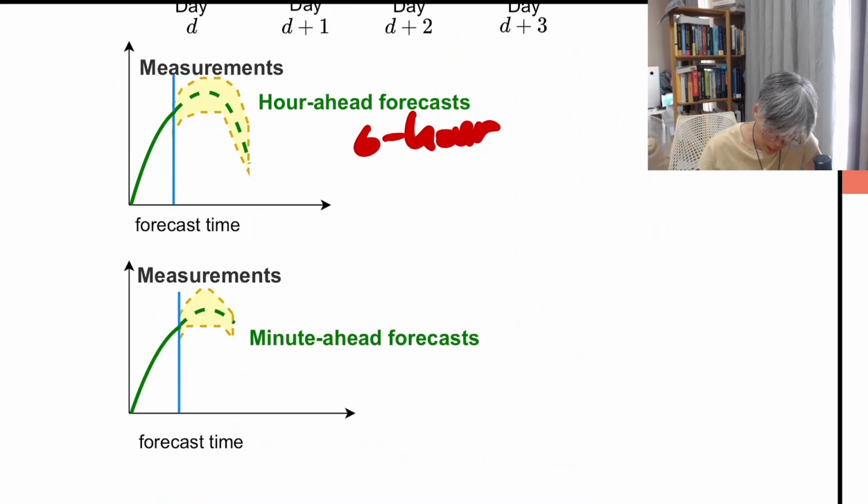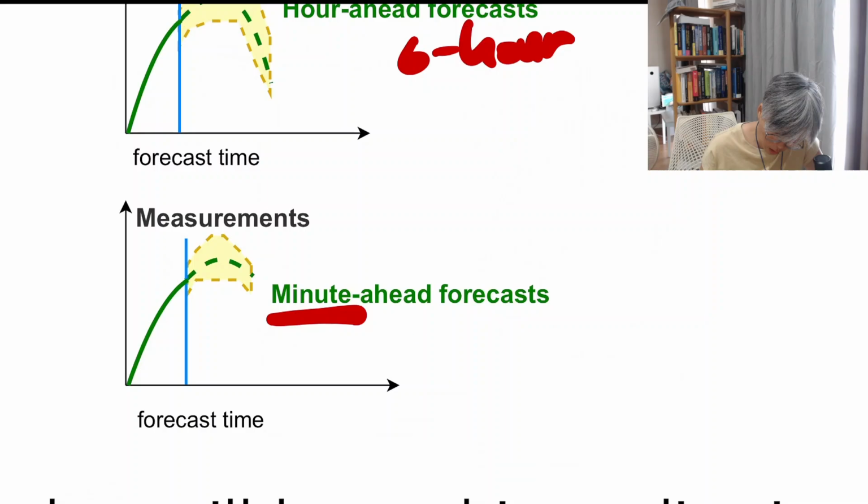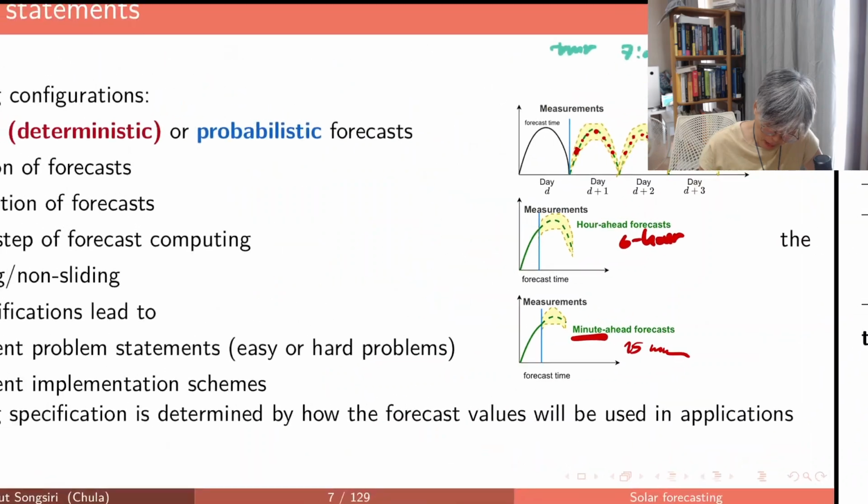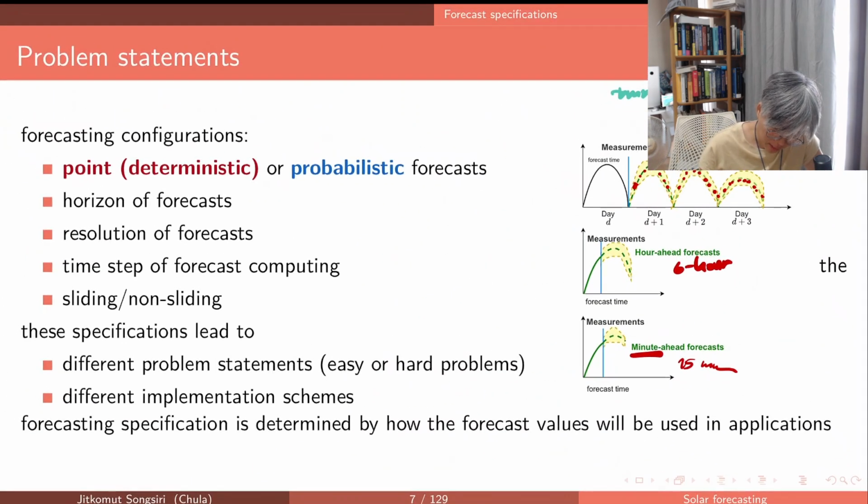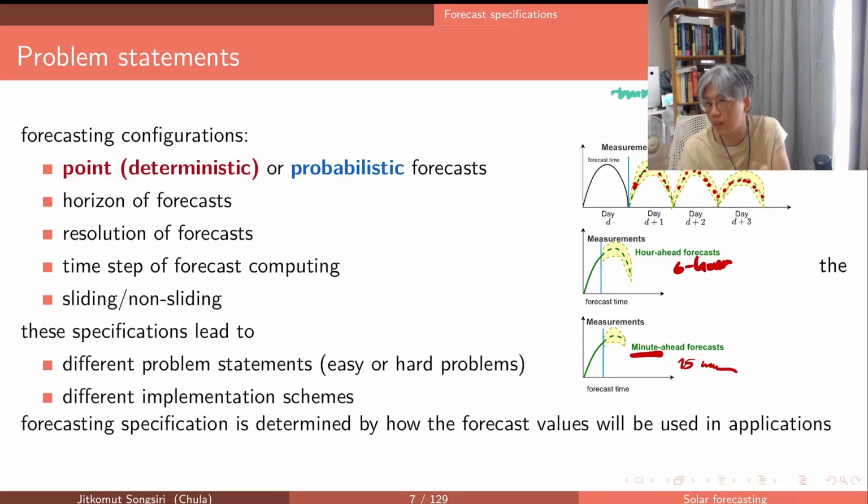The last example is minute ahead. Of course, it means that your horizon would be shorter, on the order of minutes. You could say that my horizon is 15 minutes. That's the second aspect, the second bullet in your configuration.